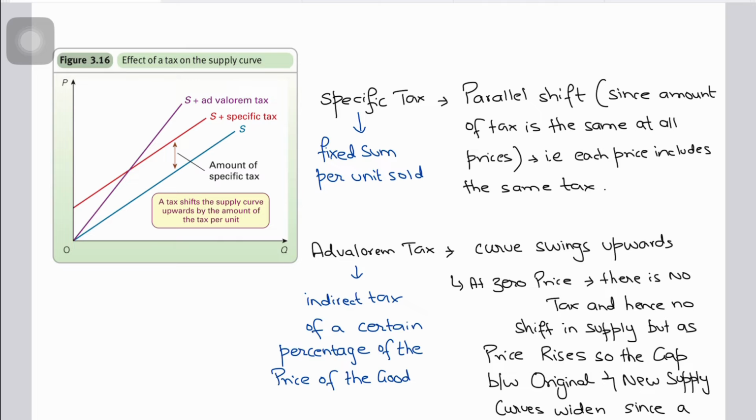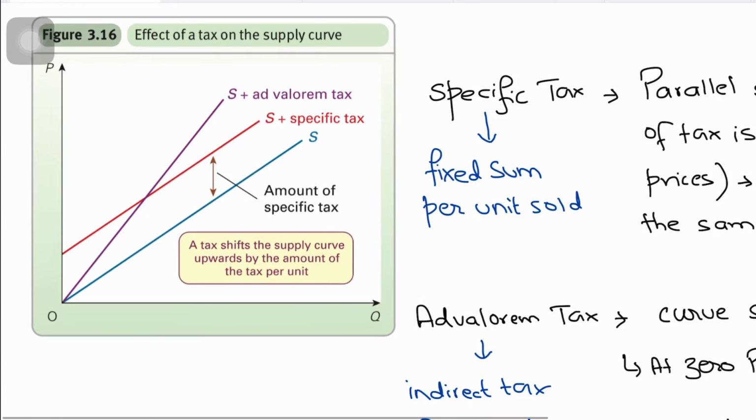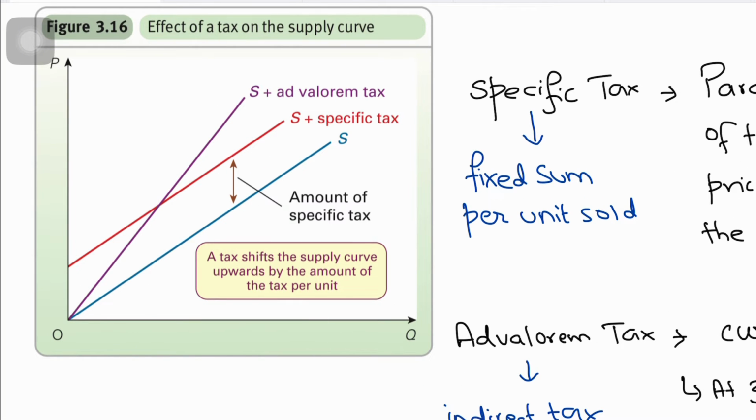When you have a specific tax imposed, the tax is the same for all levels of prices, which means that irrespective of the price, whether higher or lower, it would have the same tax in it. So you have a fixed sum per unit sold, a fixed tax amount, and that is why you have a parallel shift.